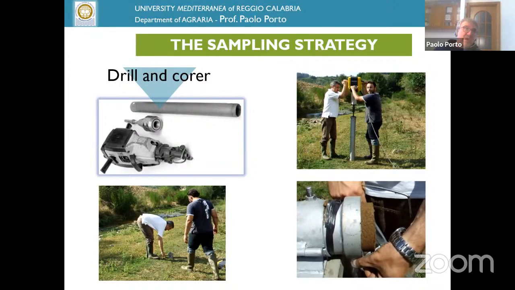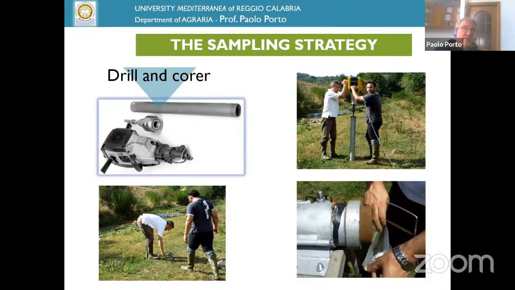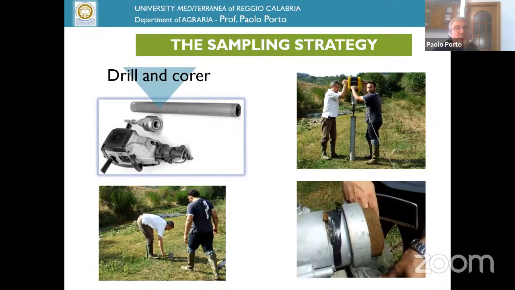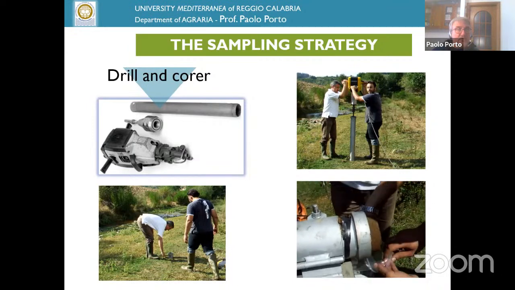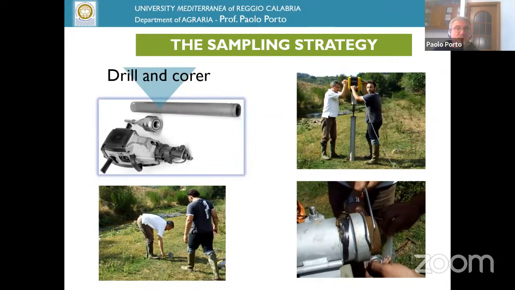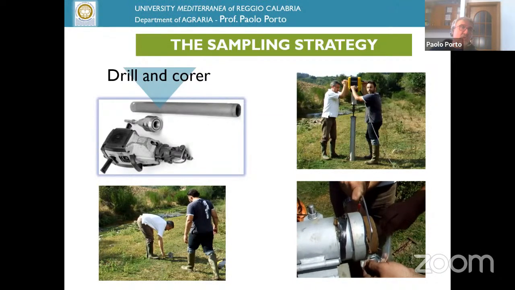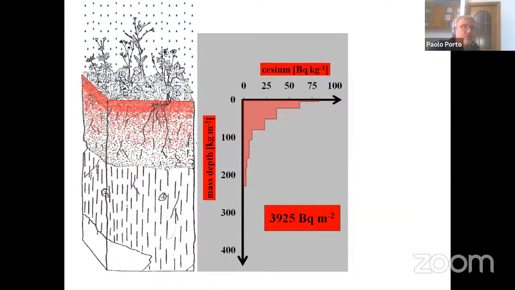Let's say each slice can be 1 or 2 centimeters, and for each slice we can measure the cesium activity. So at the end we have a profile like this, because the concentration is maximum at the soil surface, and then little by little it decreases.